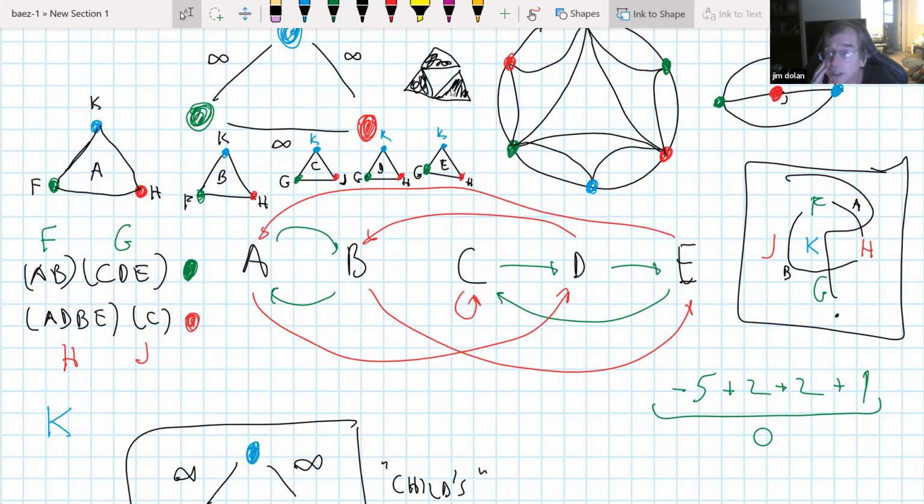A child's drawing is really just an action, perhaps a finite action, but you may want to include the infinite actions as honorary things as well, ideal limits. These things actually do come up.